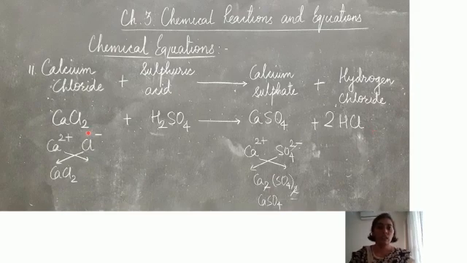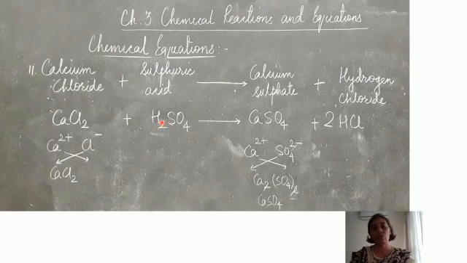Here also we can easily predict the products, because here we have calcium positive, chlorine negative, hydrogen positive, and sulfate ion negative. So calcium of the first reactant will combine with the negative of the second, that is calcium and sulfate combine to give calcium sulfate, and the negative of the first will combine with the positive of the second.